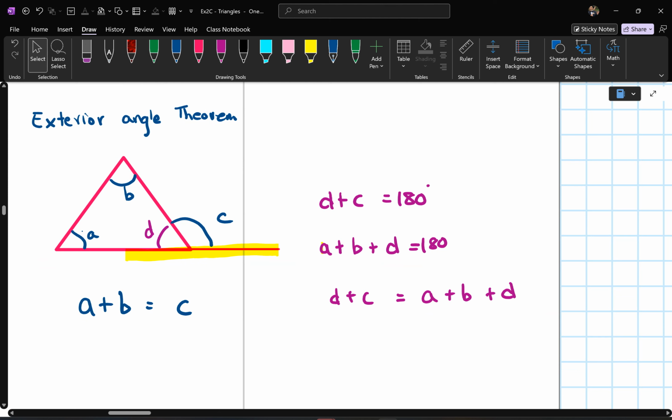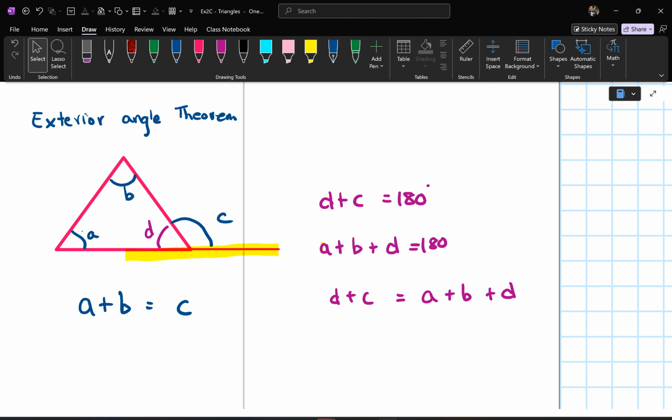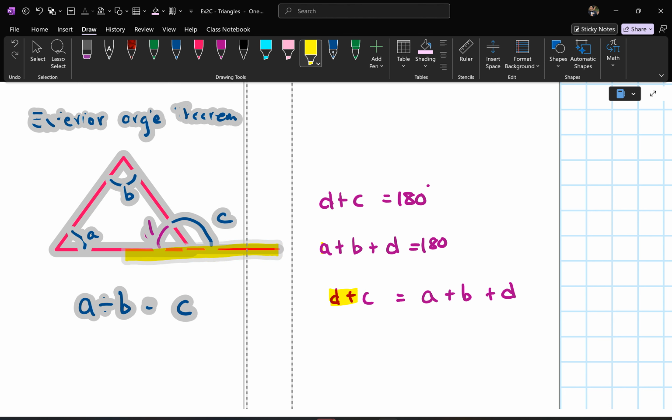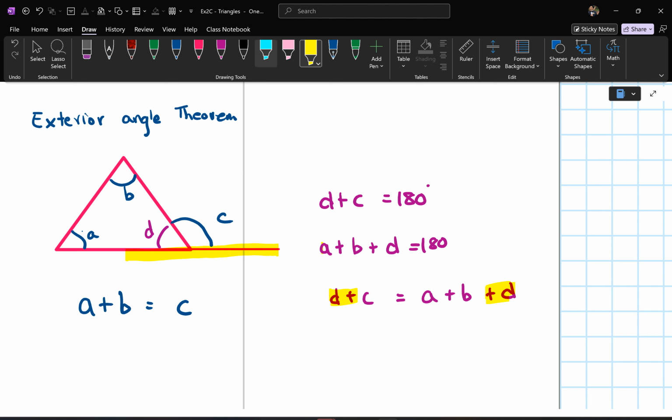Since they're both adding D's, one is C plus D, and this one is A plus B plus D, they both add a D. So that means C must be the same value as A plus B. That's why we got the rule as A plus B must equal C.